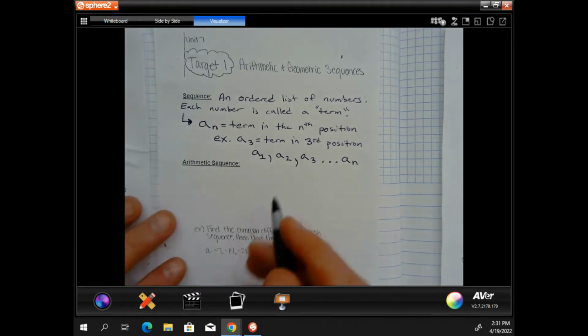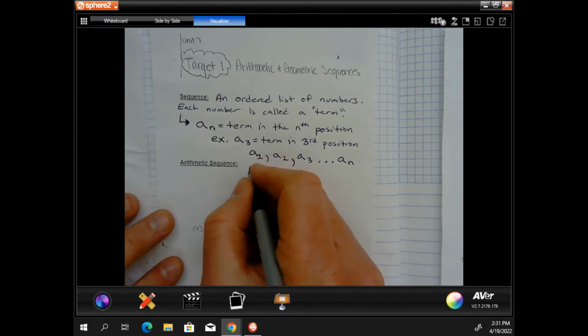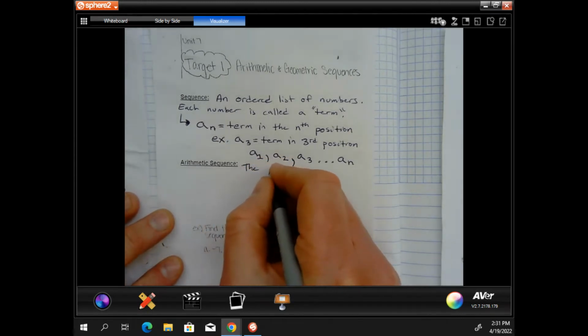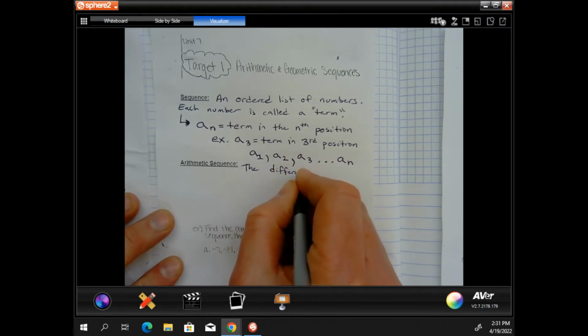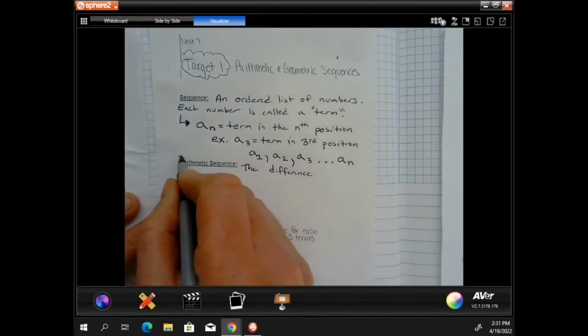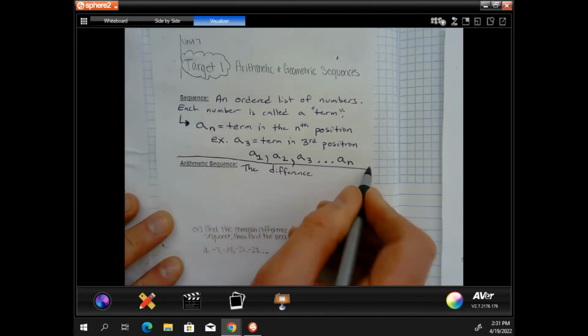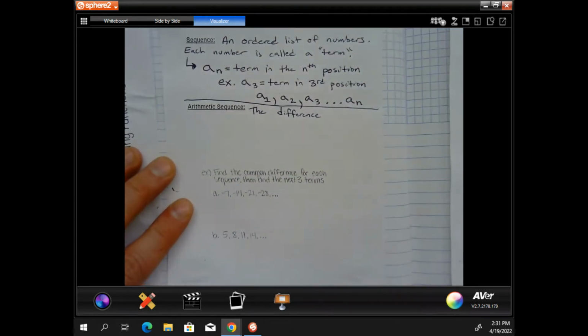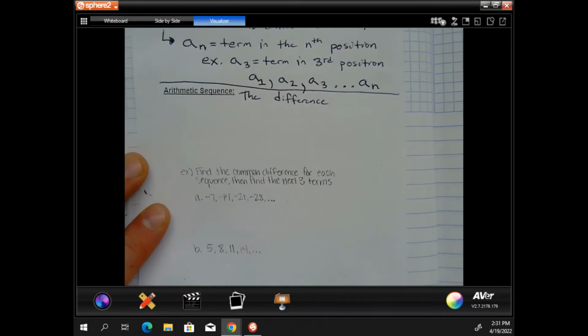All right, so arithmetic sequence is the difference. I'm going to draw a line here just to separate these two sections. I'm going to zoom in just a little bit more.